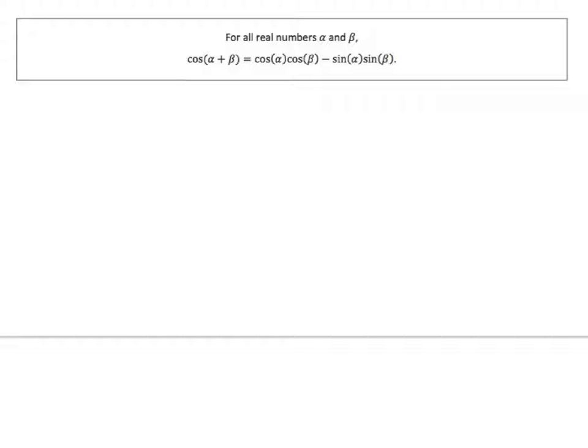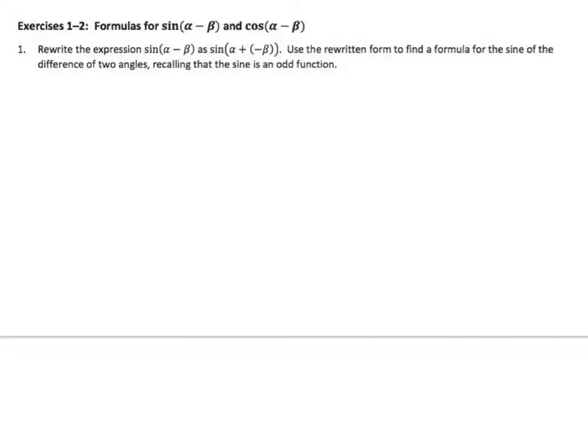All right, let's try some exercises. Formulas for sine of alpha minus beta and cosine alpha minus beta. We're not proving these, we're just going to write them down. In these exercises, formulas for sine and cosine of the difference of two angles are developed from the formulas of sine and cosine of the sum of two angles. So let's rewrite the expression of sine alpha minus beta as sine alpha plus a negative beta, and then use the rewritten form to find a formula.